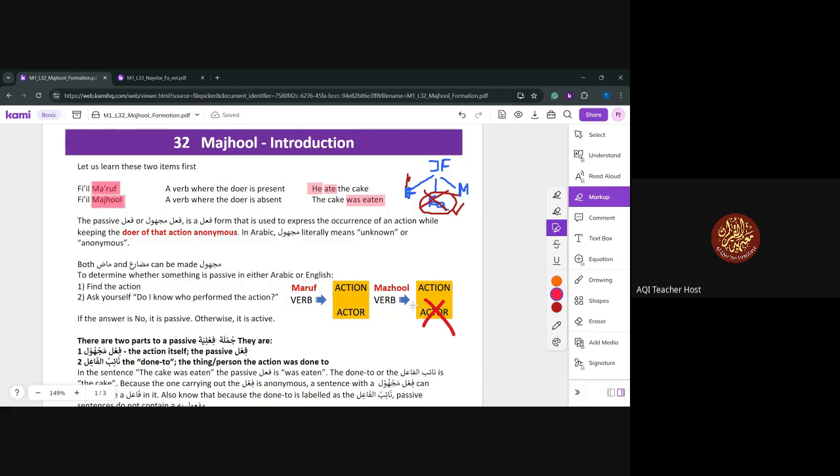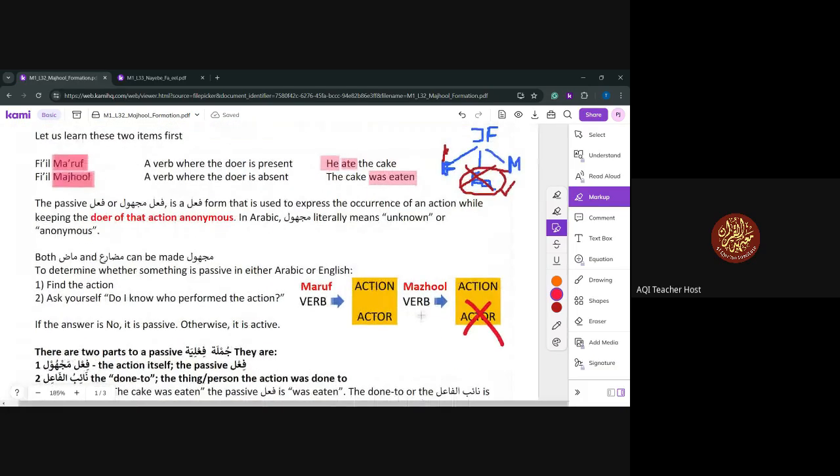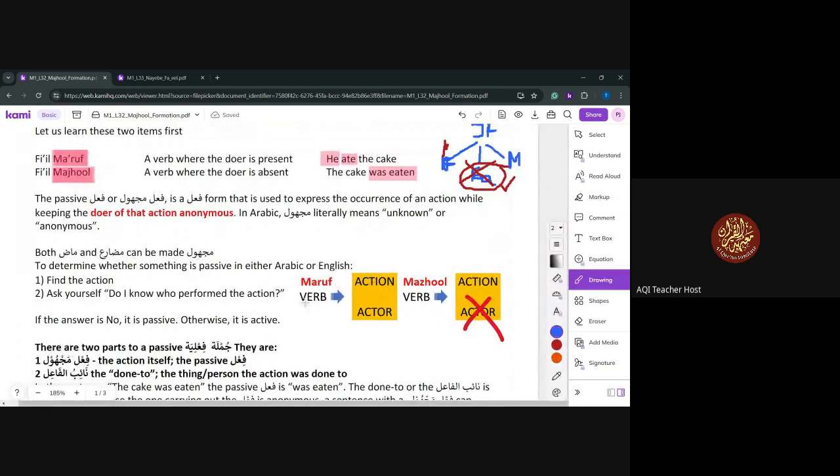Also, please remember that we have a really clear diagram over here on how to identify a ma'ruf verb and a majhul verb. In a sentence where you have both the action and the actor, meaning the action and the doer, the verb would be ma'ruf, an active verb.